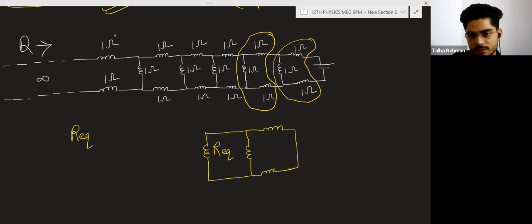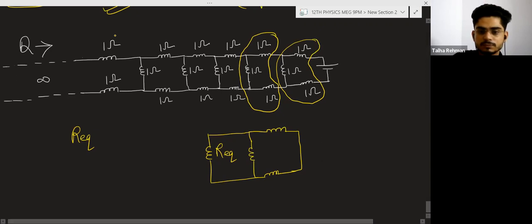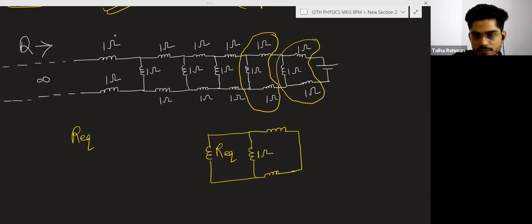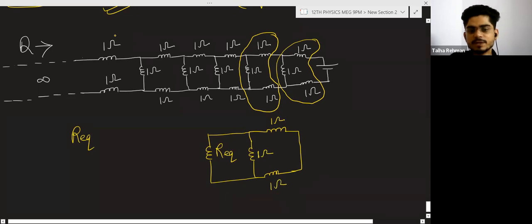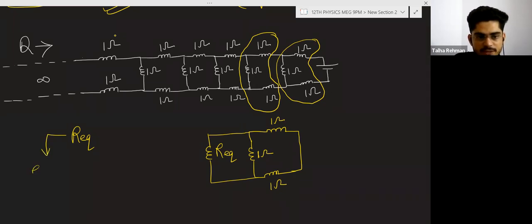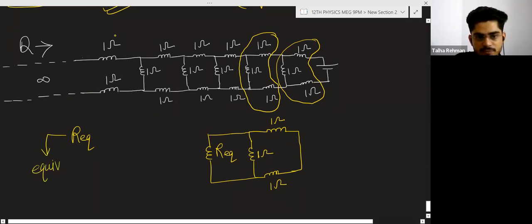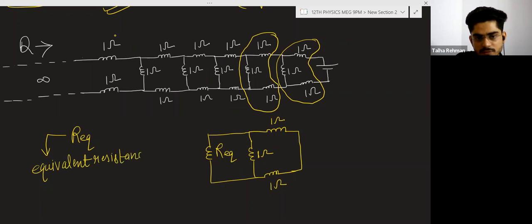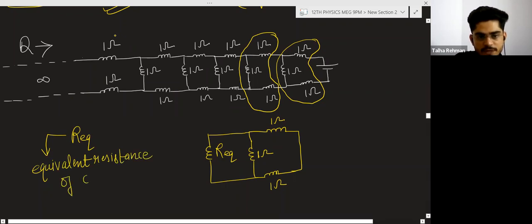So this is R, this is 1 ohm, this is again 1 ohm, this is again 1 ohm. What I have done is considered R equivalent as the equivalent resistance of the circuit.